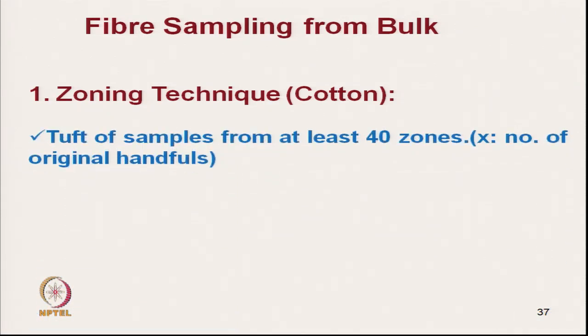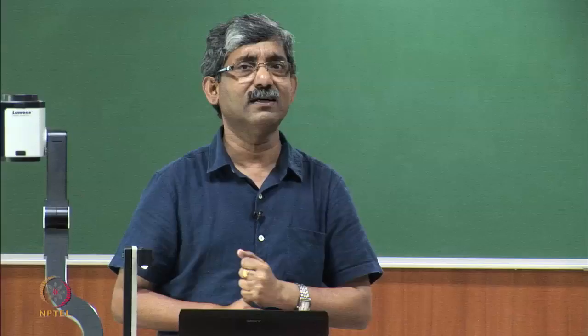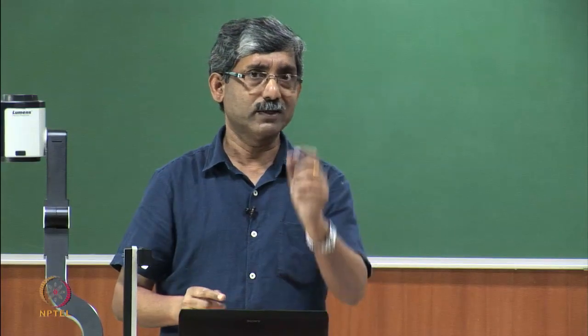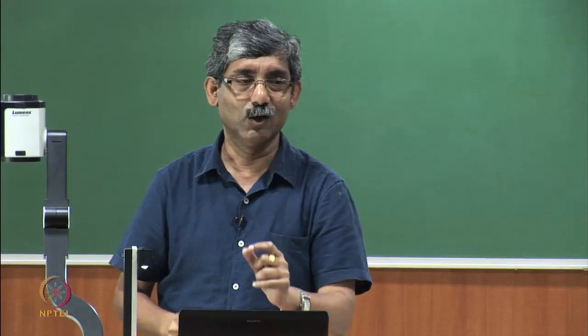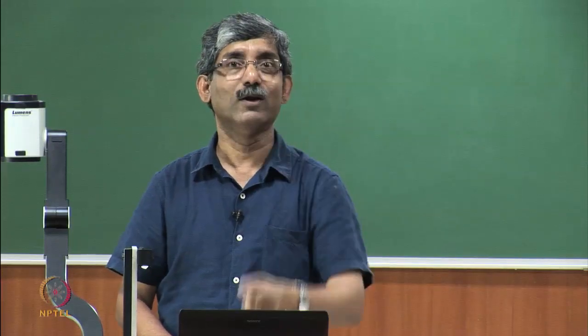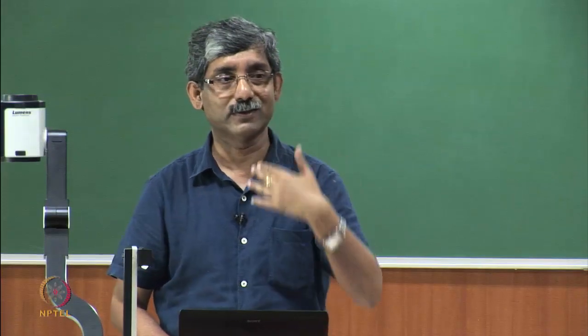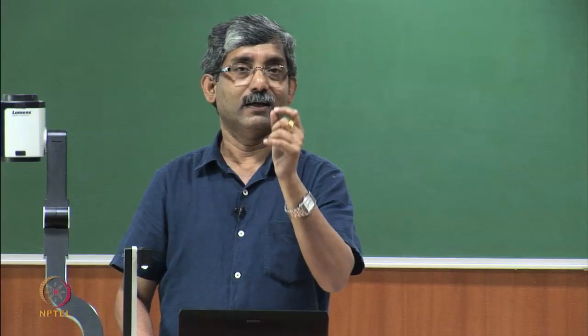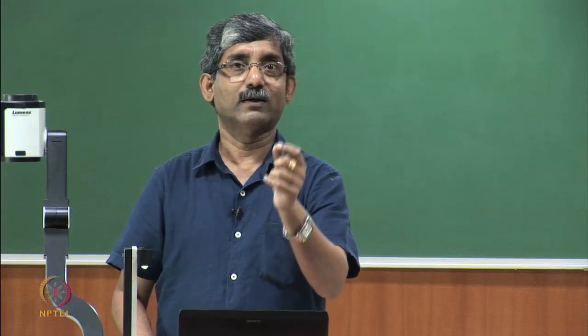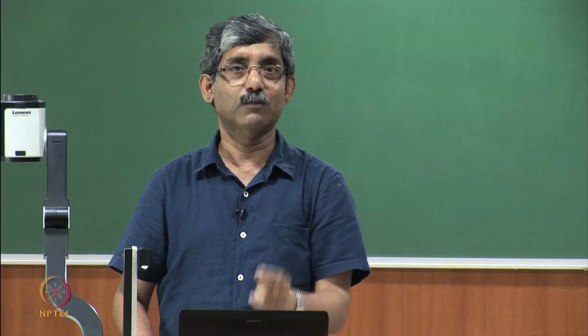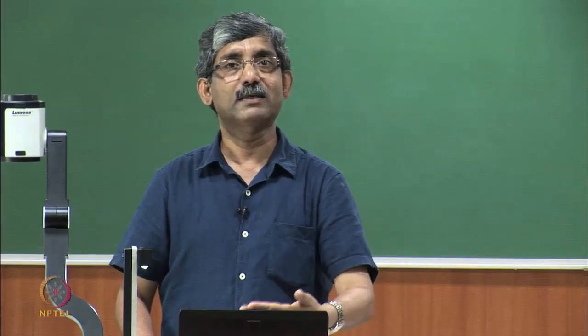The zoning technique is not a specific technique, it is an idea. There is no specific rule, one can formulate the rule and then go ahead with this. And I will explain one such norm, one such rule which is flexible.